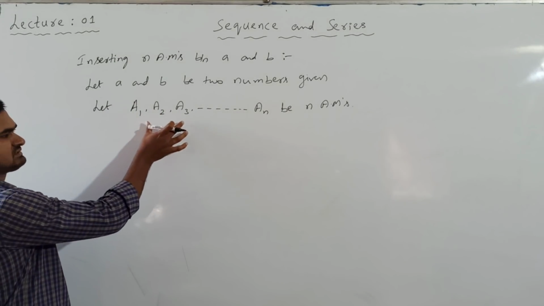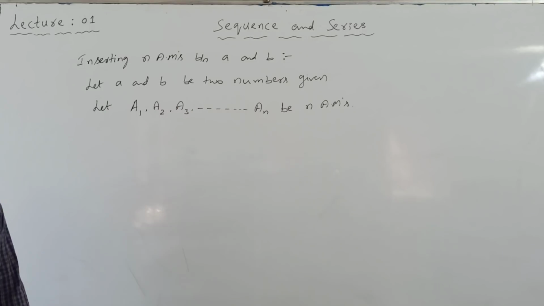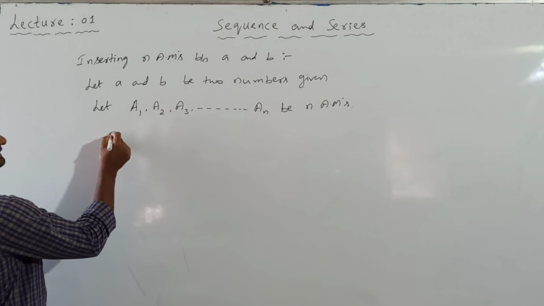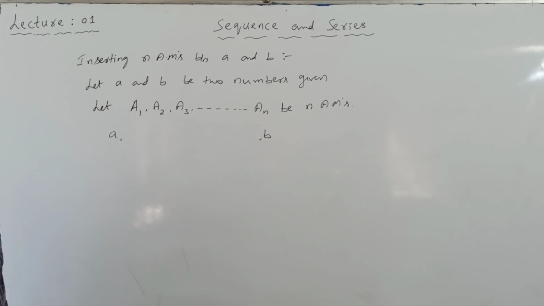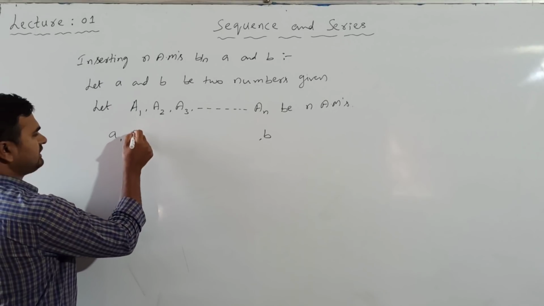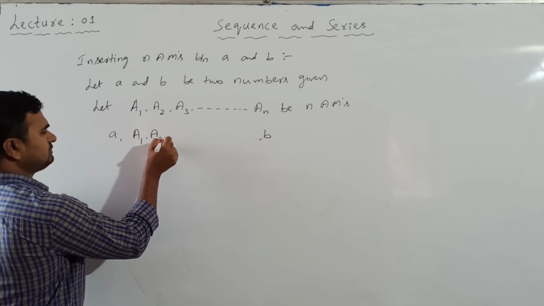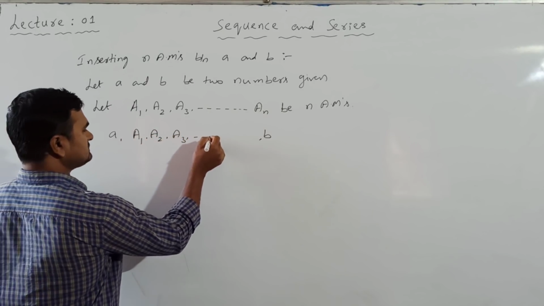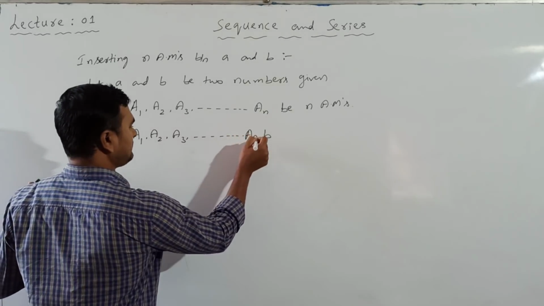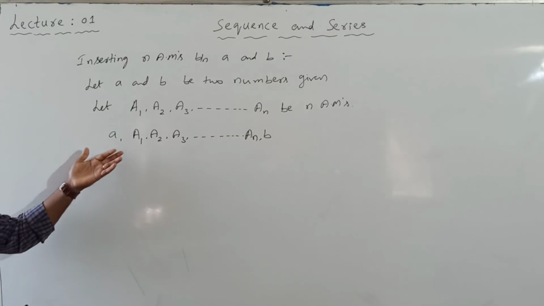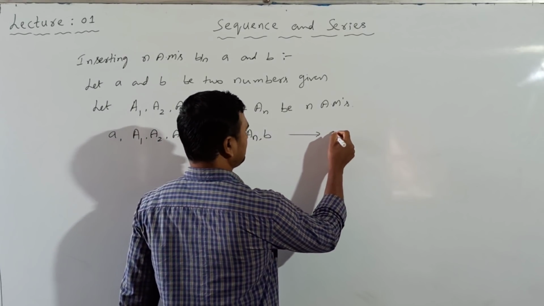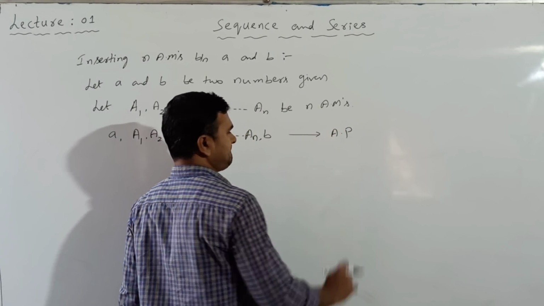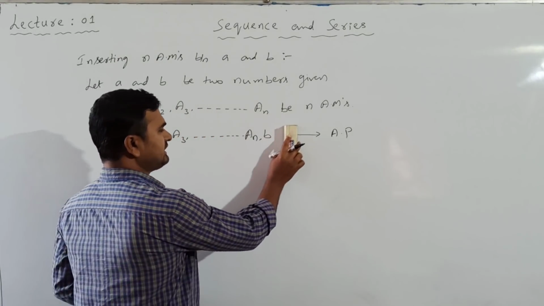Now these numbers are called arithmetic means only if there is a condition in between A and B. We have to insert these numbers A1, A2, A3 and so on up to An, so that the resulting sequence must form an arithmetic progression.